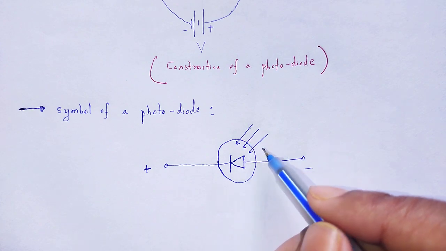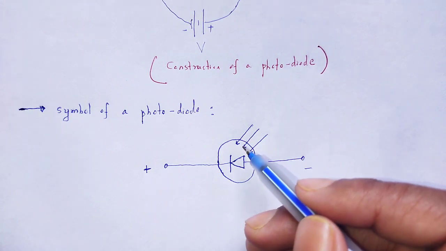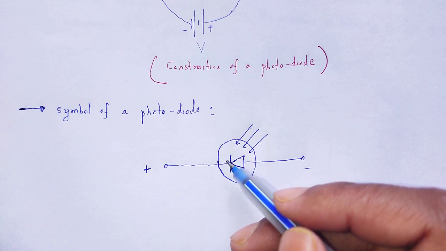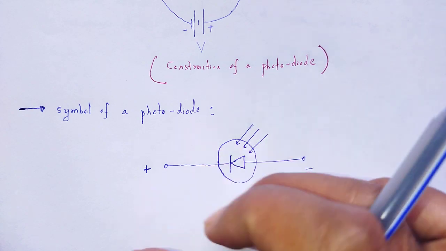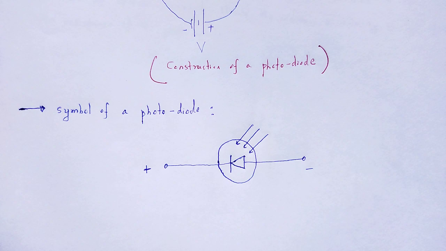The inward arrows represent the incident light on the p-n junction of a photodiode. That is the symbol of a photodiode.